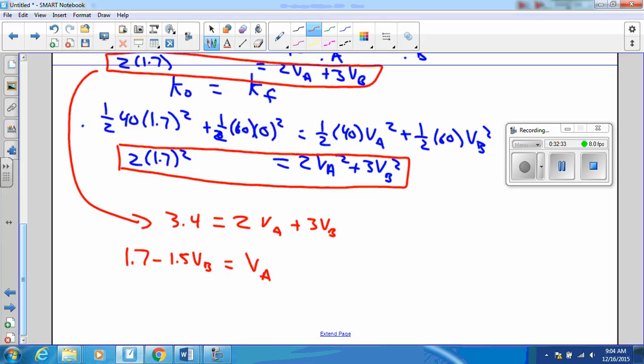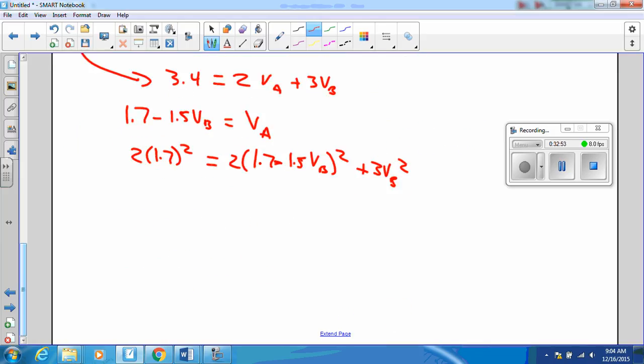Subtract 2. And now substituting into here, I get this equation right here.